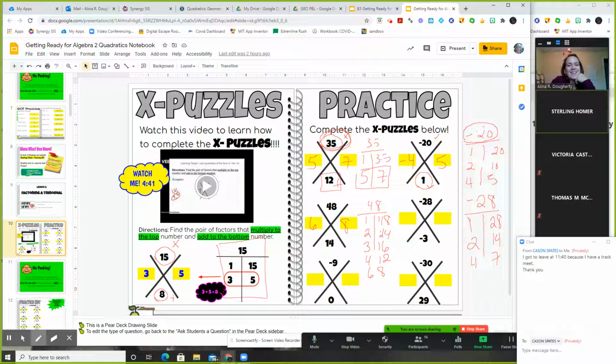Are 4 and 7 3 away from each other? Yes, 4 and negative 7. Absolutely. So I want that negative 7 because the 3 is negative, then the bigger number needs to be negative, right?